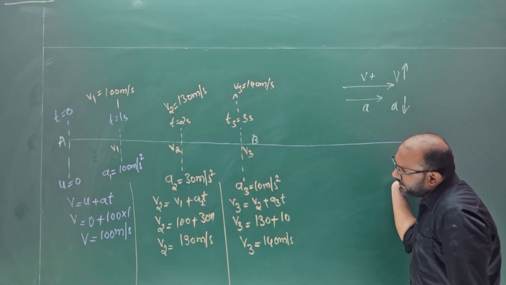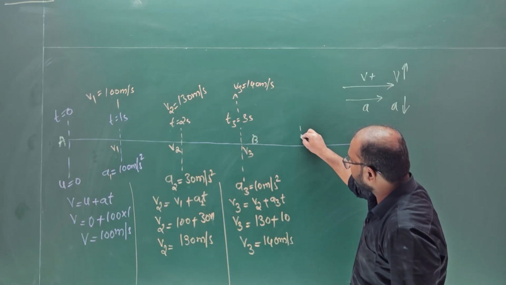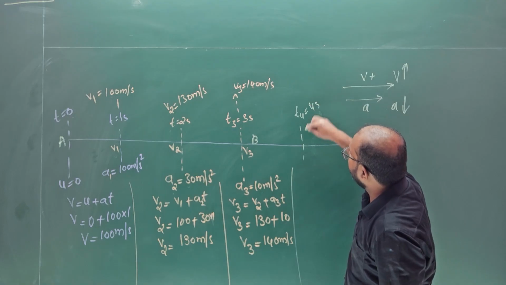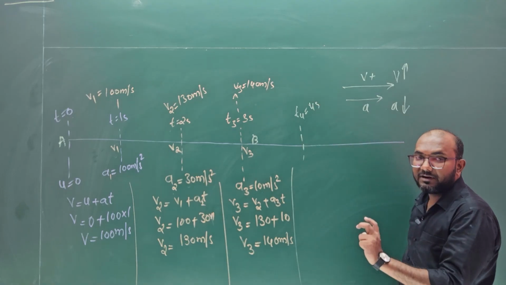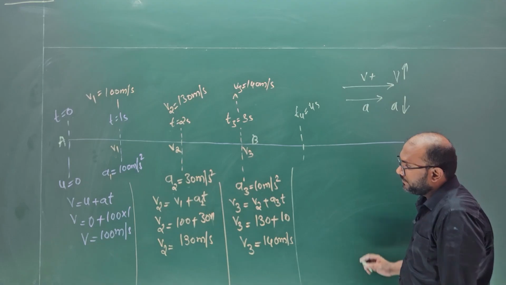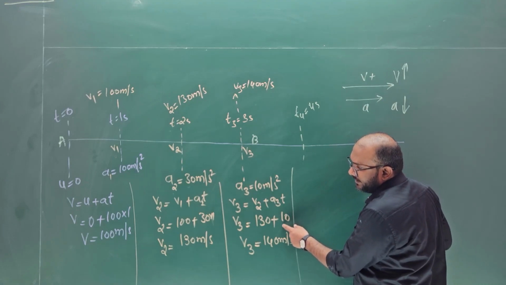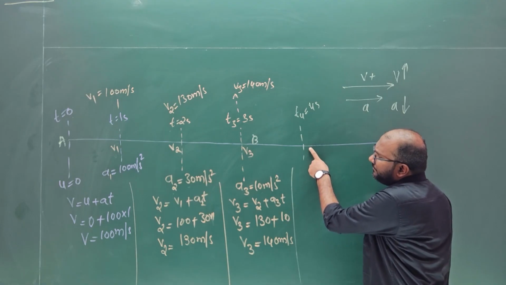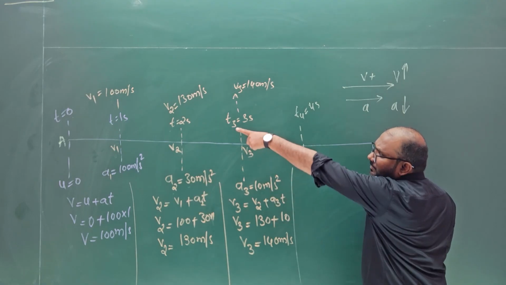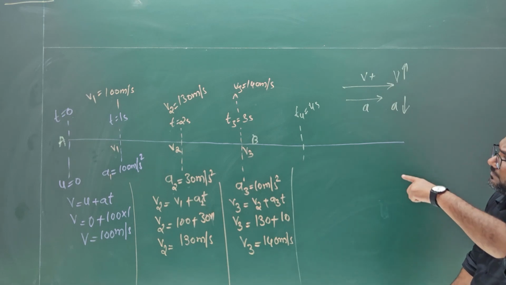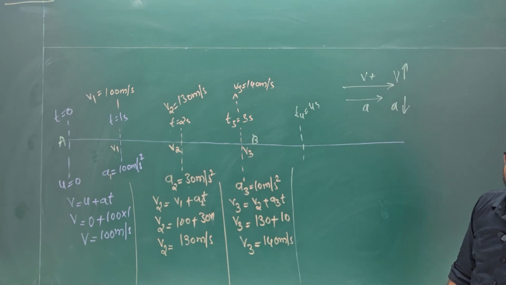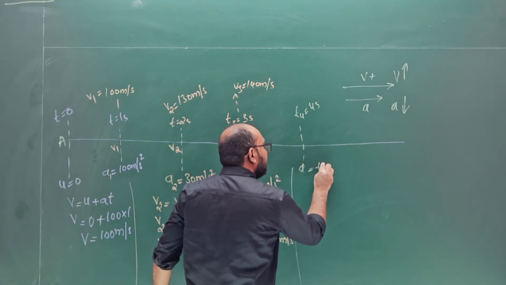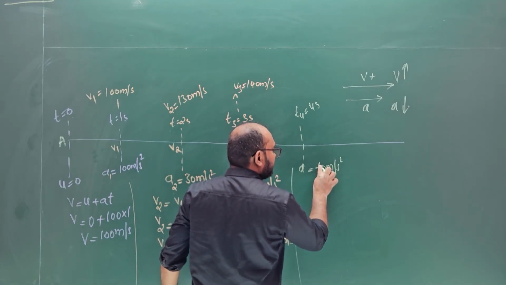Okay. Continuing this, let's say at t4, that is 4 seconds. If I substitute the values in reverse order, that means negative acceleration. If I say this is the maximum velocity, then at t4, acceleration is minus 10 meter per square second.